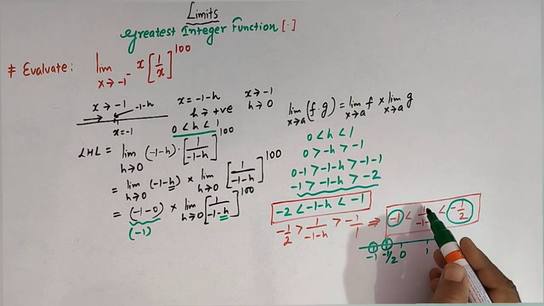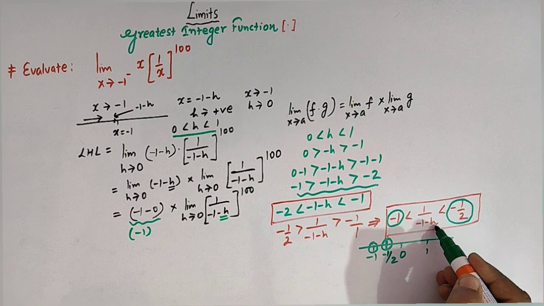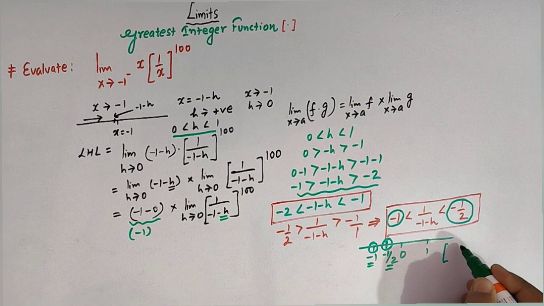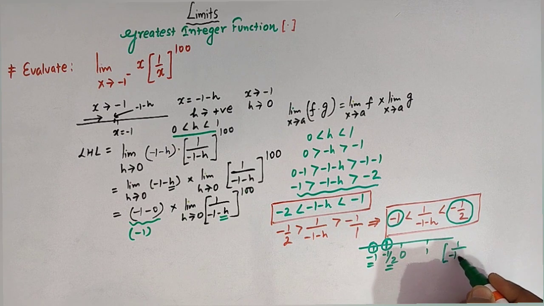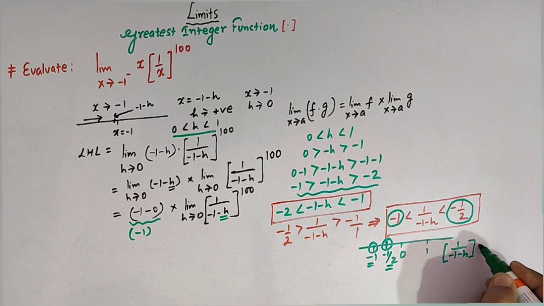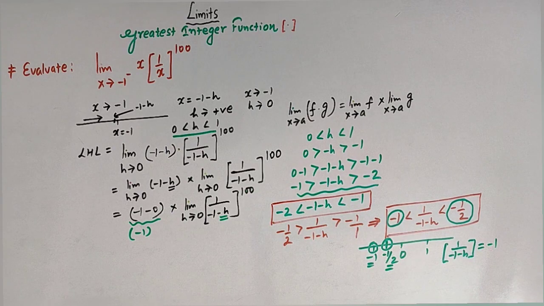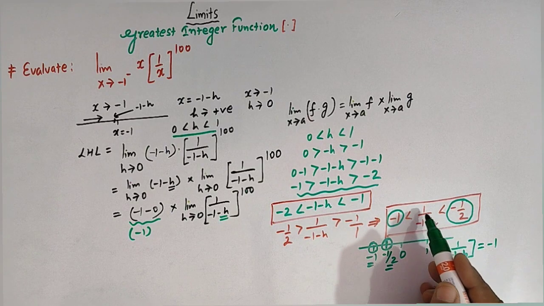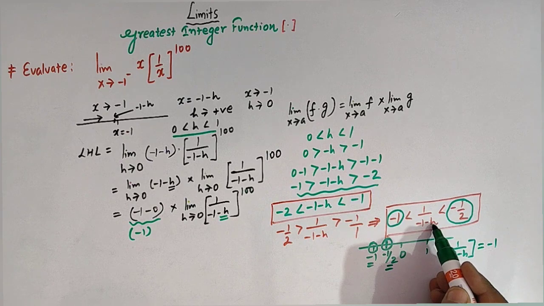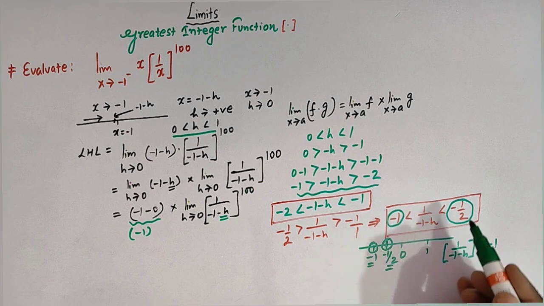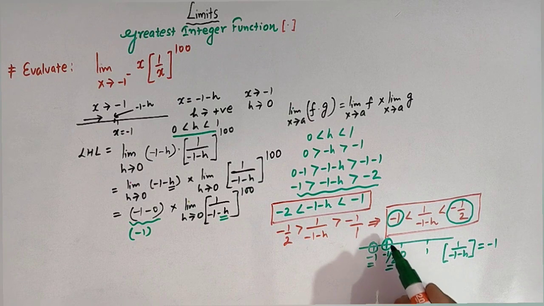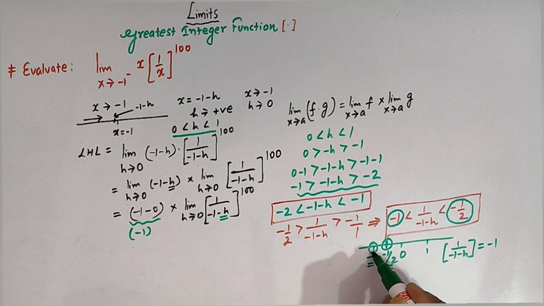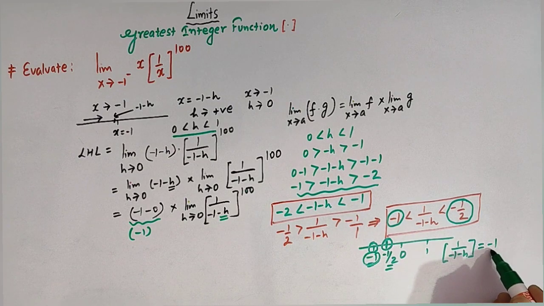When 1 over minus 1 minus h lies between minus 1 and minus half, then obviously the greatest integer of 1 over minus 1 minus h should be equal to minus 1. This is an important fact.